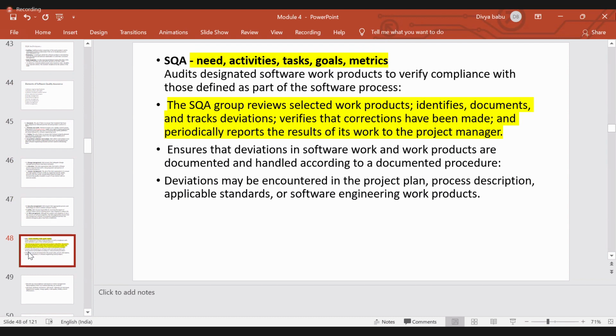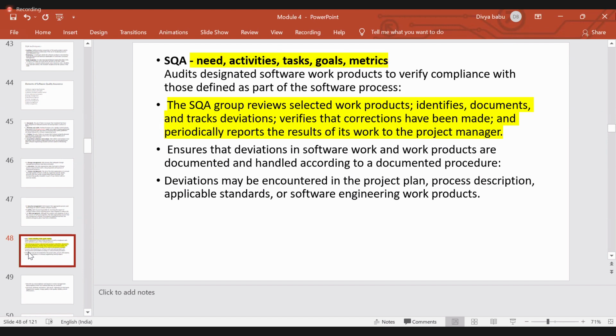The SQA group reviews selected work products, identifies and documents and tracks the deviations, verifies the corrections have been made, and periodically reports the results of the work to the project manager. This is the total SQA, software quality assurance activities.